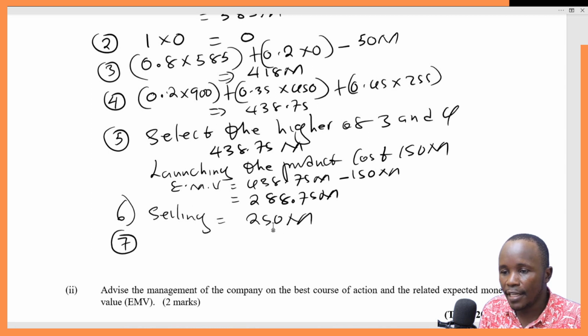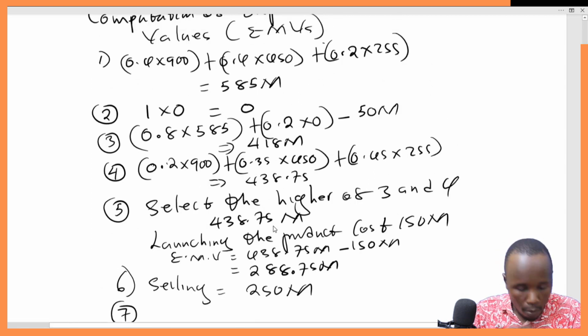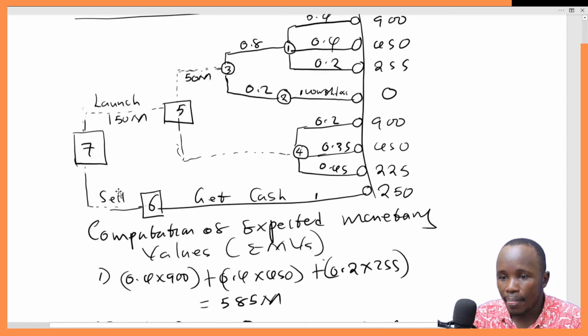Number 7 is an option. Here you have an option, either you launch the product or you sell the product. I mentioned that where you have the option, you need to choose the one with the highest expected monetary value.